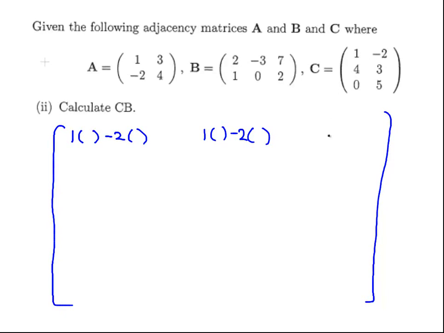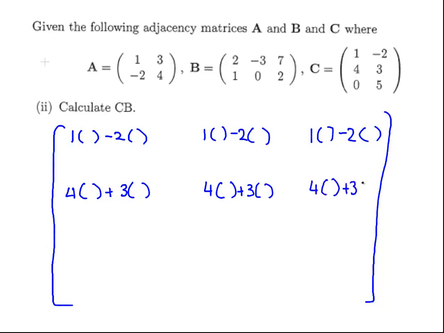It's the top row of C that I'm looking at, and I'm leaving room after each coefficient for another coefficient to be multiplied. I'm going to do the same thing for the middle row: 4, 3, again leaving a space, and 0, 5.